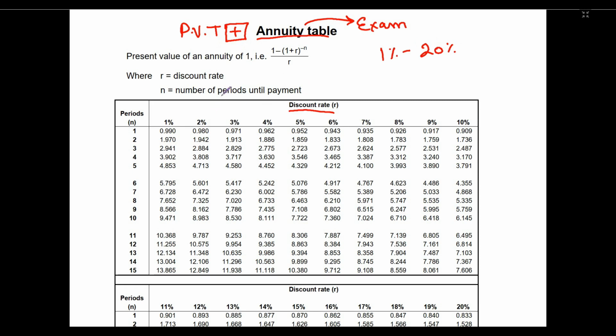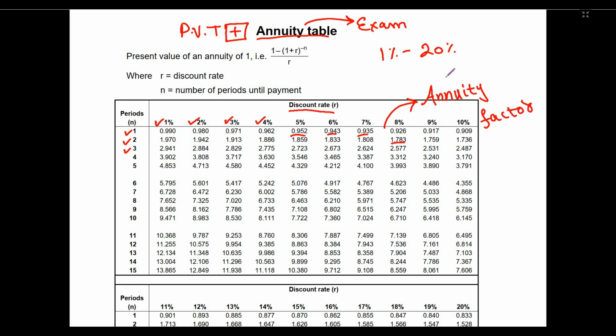As you are already familiar with these tables, here we have discount rates and here we have the number of years. And because we are talking about the annuity table, each of them is known as an annuity factor.